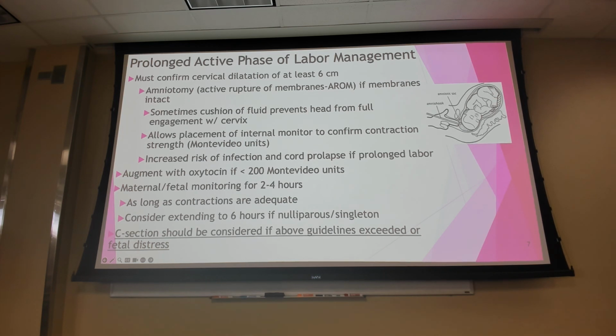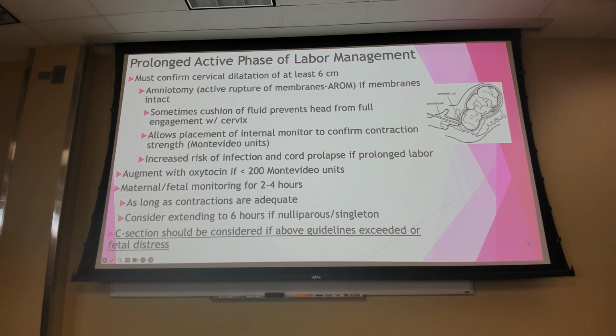We're going to continue to monitor mom and baby for at least 2 and upwards of 4 hours, sometimes even up to 6 hours, as if this is a singleton pregnancy and this is the first pregnancy. As long as contractions are adequate, the fetal and maternal monitoring is reassuring, then they're going to continue to monitor these patients and try to, again, push them through to ultimately deliver vaginally.